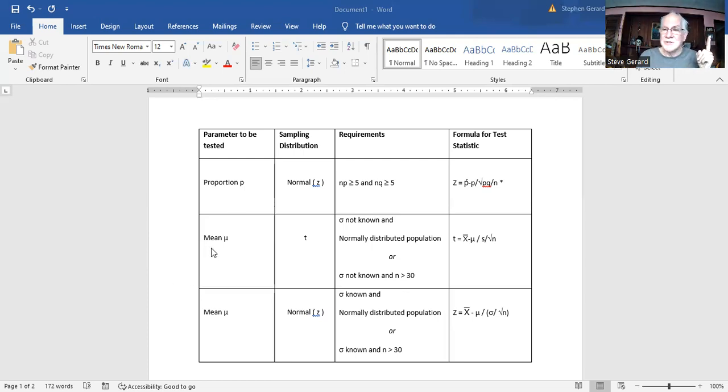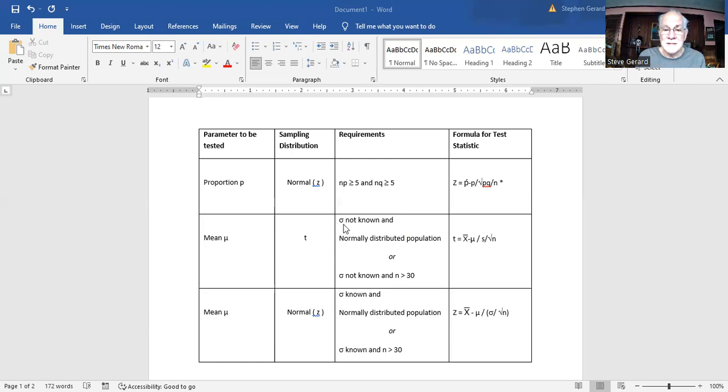The other possibility is you have, in the sand dollar case, for instance, the average diameter of a sand dollar. Now that's a continuous variable. So we're talking about means. Well, there's 2 possibilities here, a T test or a normal Z test. There are some requirements for these things.